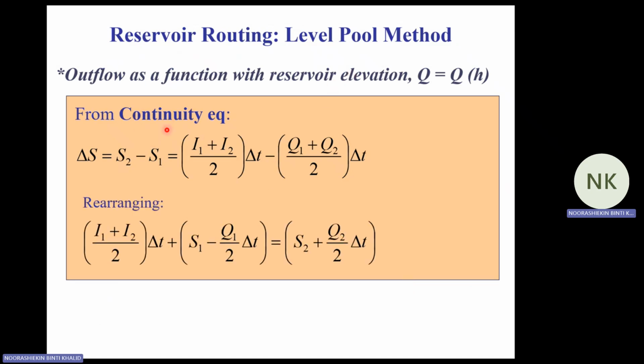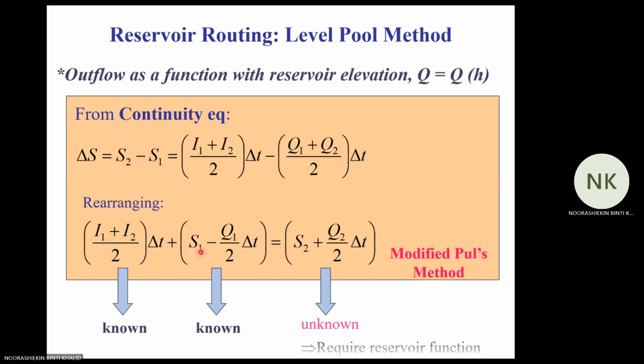There is a continuity equation. The outflow is a function of the reservoir elevation, Q equal to Q(H). This is the continuity equation like before. So we rearrange: we put S1 here and Q2 here.